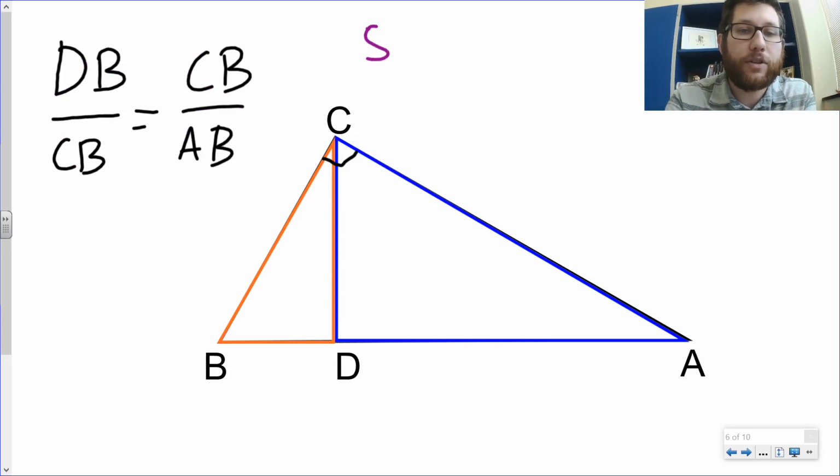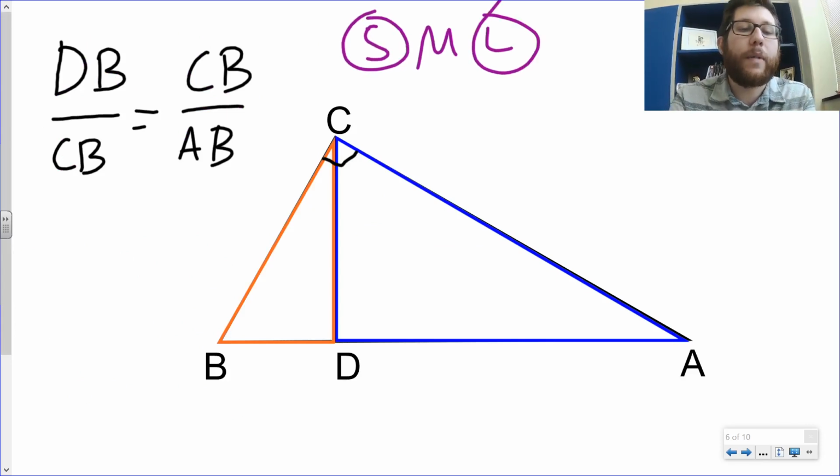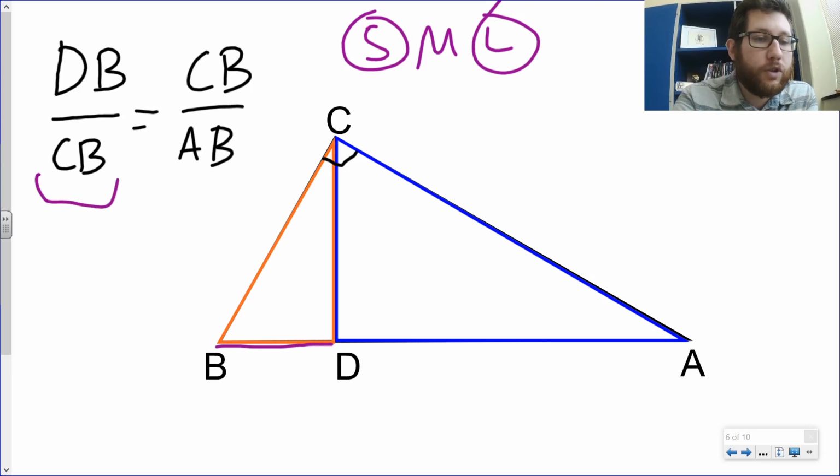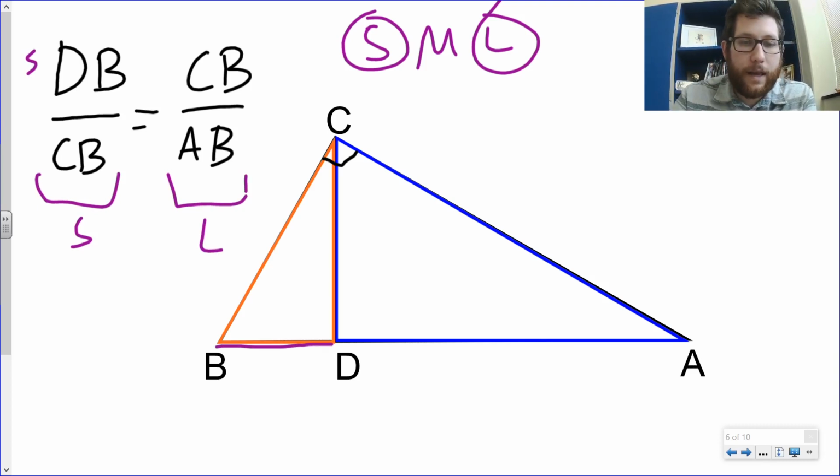So once again, we've got three triangles here, small, medium, and large. And I'm going to take a look at my small triangle and my large triangle. Now, once again, I've got my small side. We're going to do our small triangle first. Here's our large triangle. So the small side of my small triangle, CB, again, we're thinking about this triangle right here.